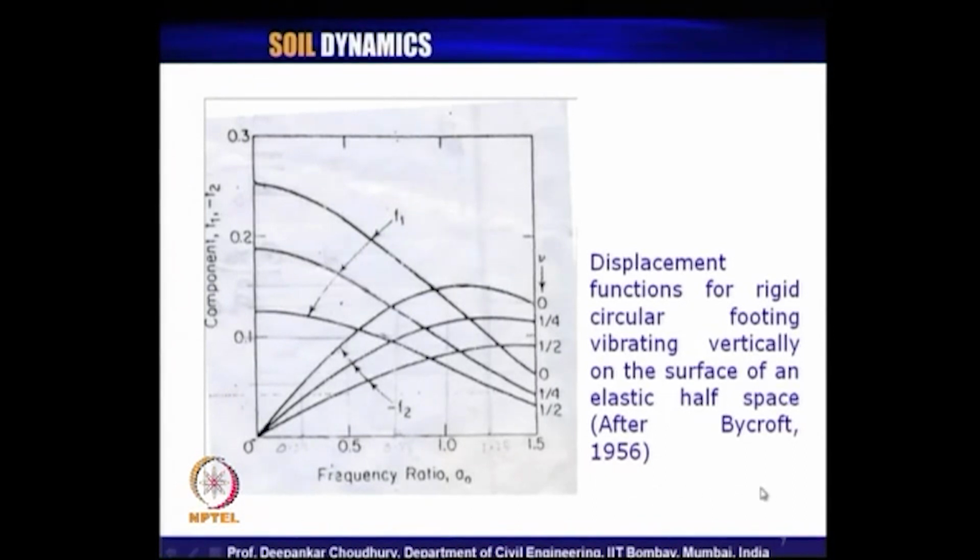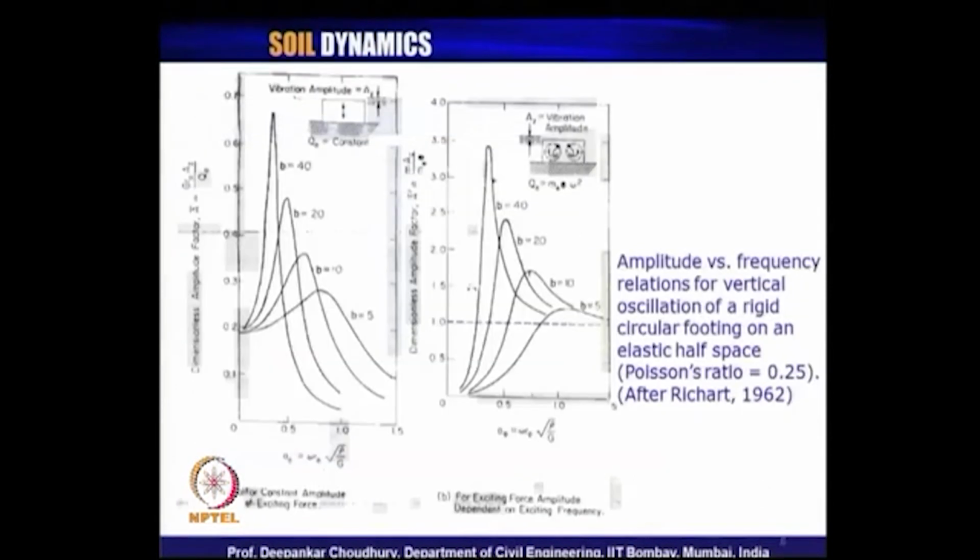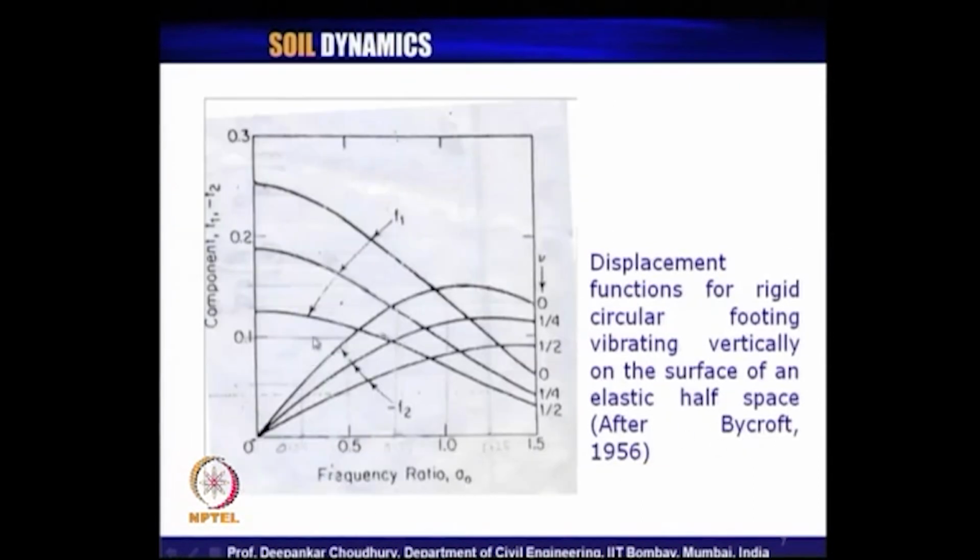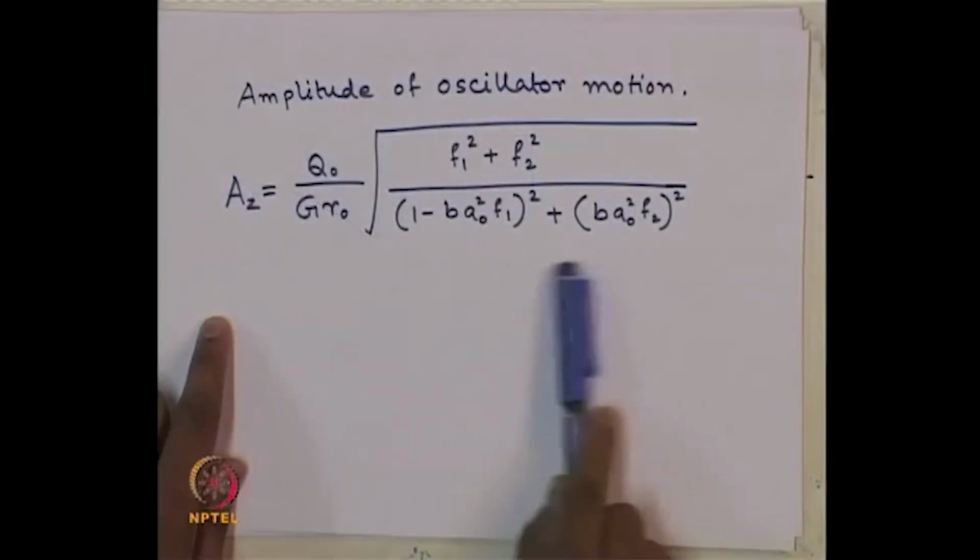So, there are two ways you can do the design using this Reisner concept. Either you can use this chart directly, or from this design chart you get F1 and F2 values for a calculated value of A naught and for a known value of Poisson's ratio, then put those values in this equation.